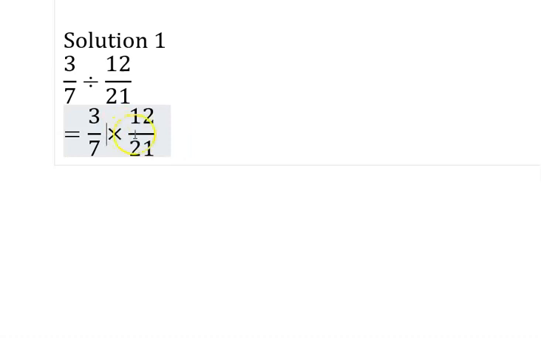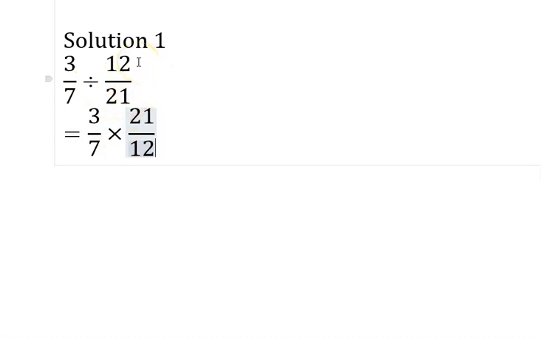But the moment you change this to multiplication, you bring your denominator up and your numerator down, so that this 12 over 21 that we have can now be 21 over 12. The moment you change this division sign to multiplication, what you have down will go up.